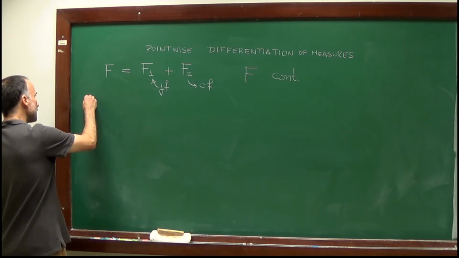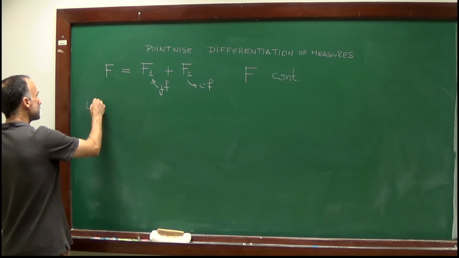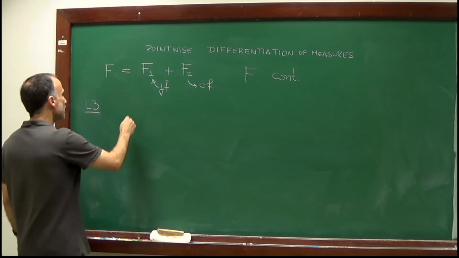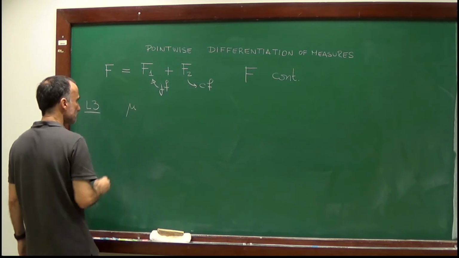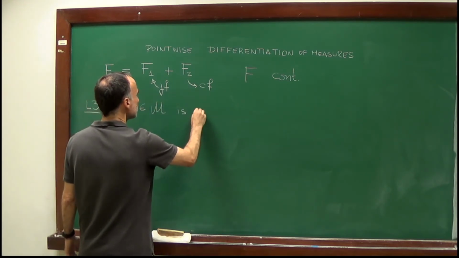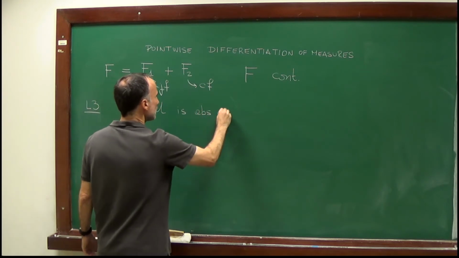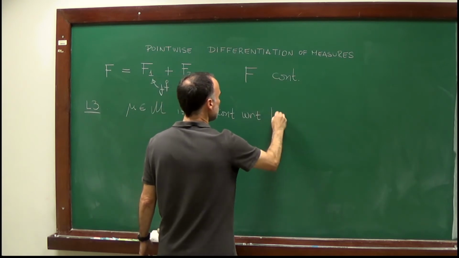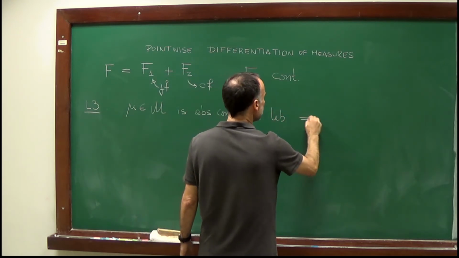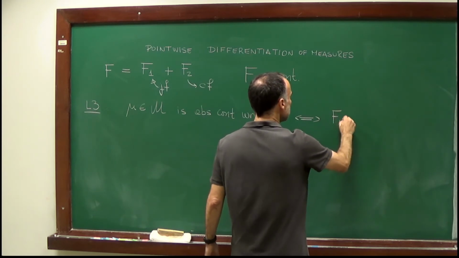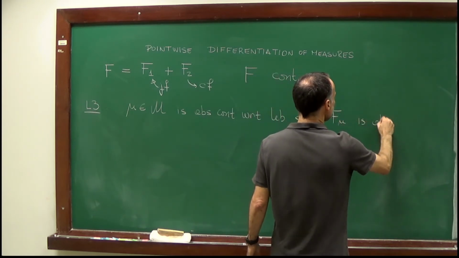My next lemma, I guess Lemma 3, is that, well, if mu in M is absolutely continuous with respect to Lebesgue, this happens if and only if f mu is absolutely continuous.